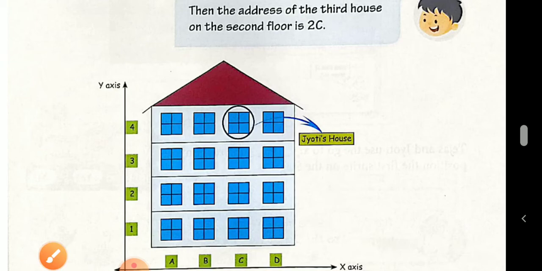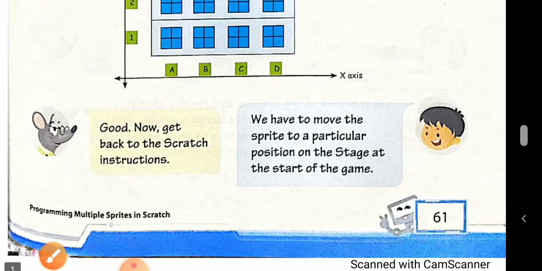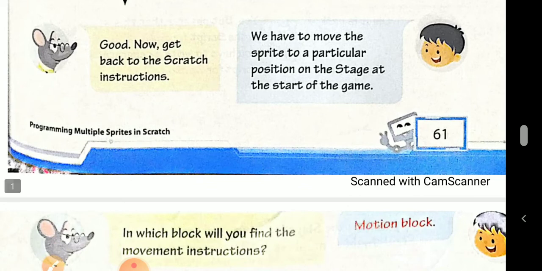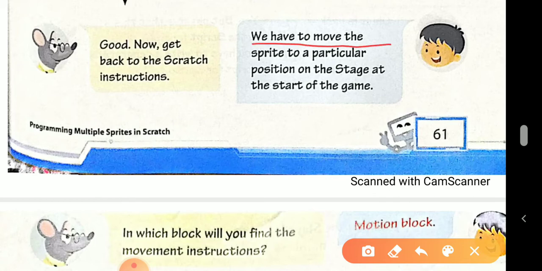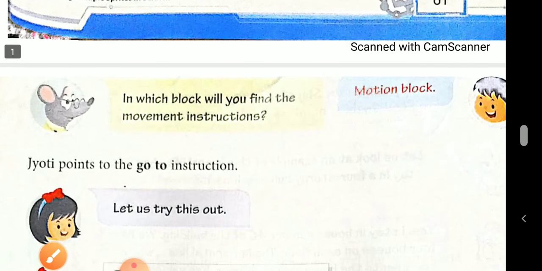Now we move to further information. Get back to this text instruction. We have to move the sprite to a particular position on the stage at the start of the game.